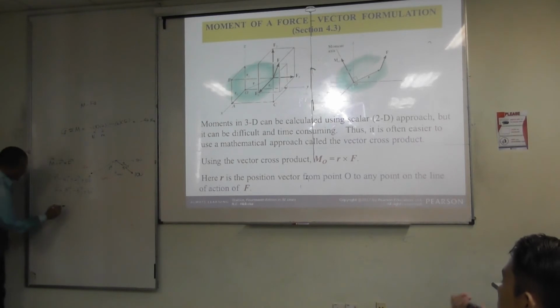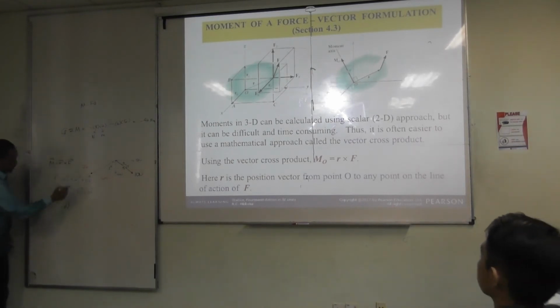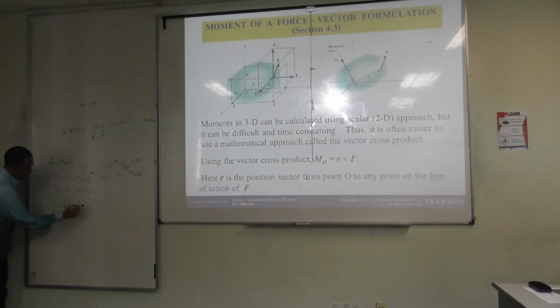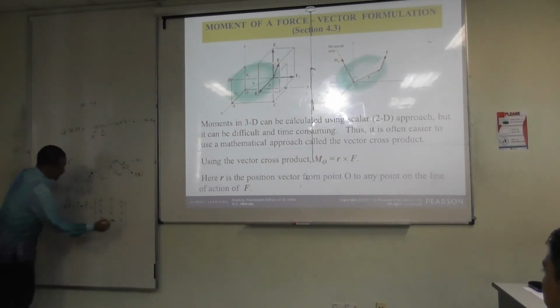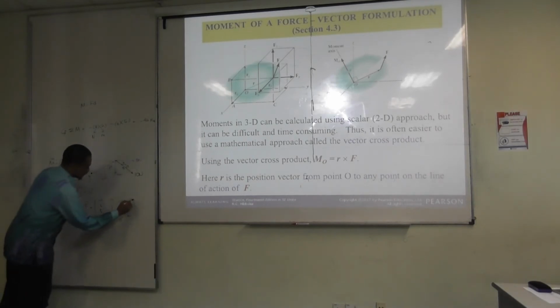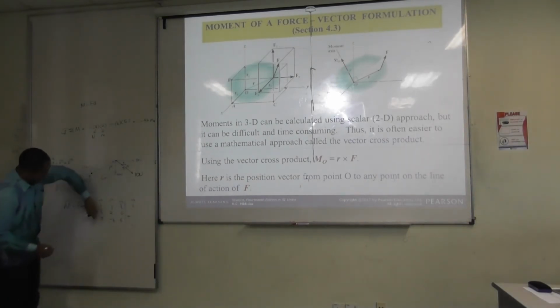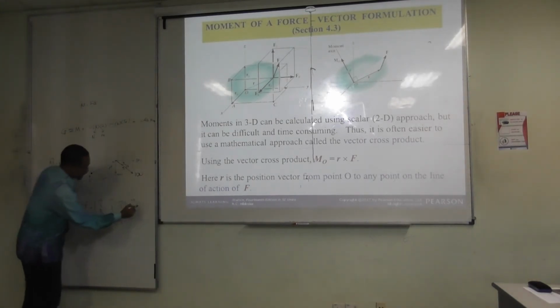Okay, how to apply this one? So M equal to r cross F. If you do the matrix, what is the first line here? i, j, k. What's the second line? 5, 2, 0. What's the third line? 8, minus 6, 0. So if you do that, for i, what do you get? 0 and 0, so 0 minus 0 basically.